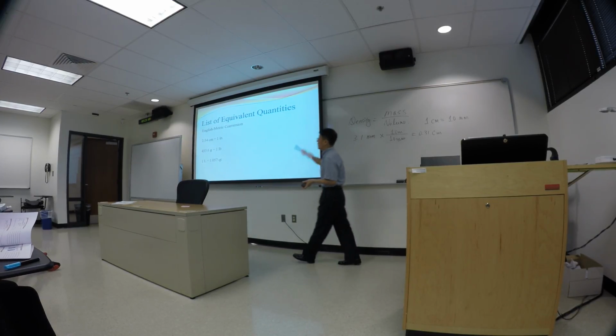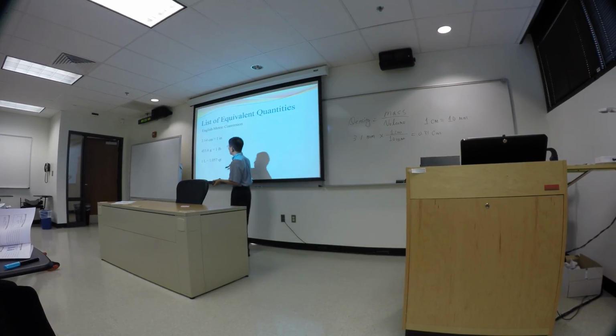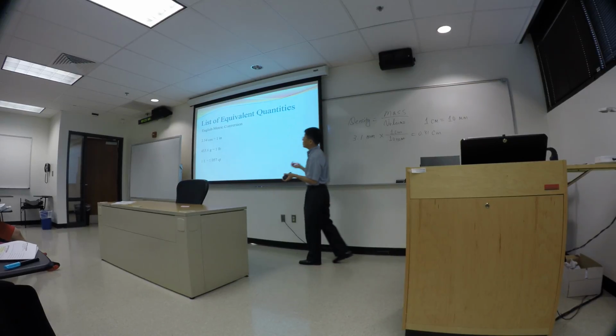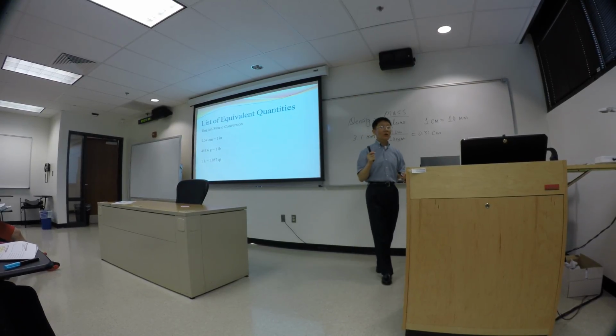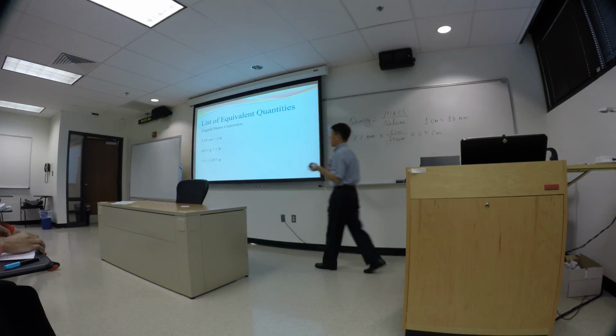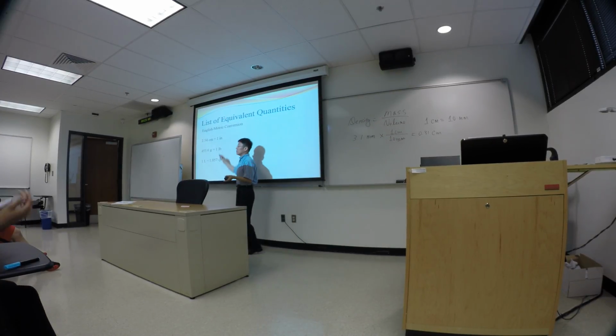So these conversion factors are not something that we need you to memorize; rather, we will give them to you. 1 inch equals 2.54 centimeters. 1 pound equals 453.6 grams, and 1 liter equals 1.057 quarts. Now, again, these conversion factors are treated as exact numbers.